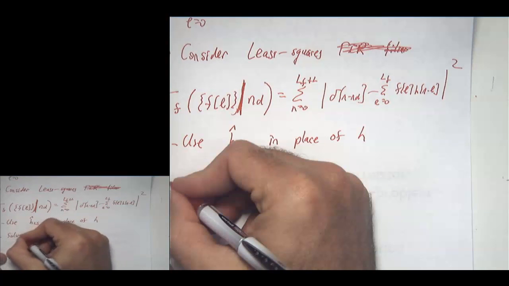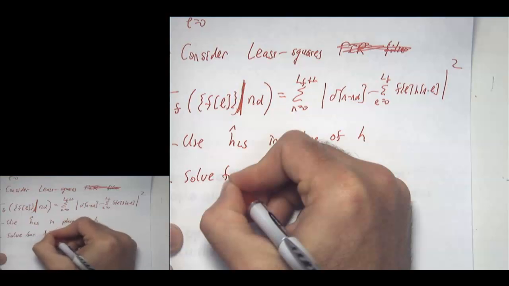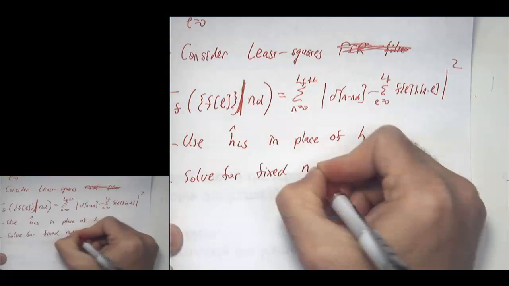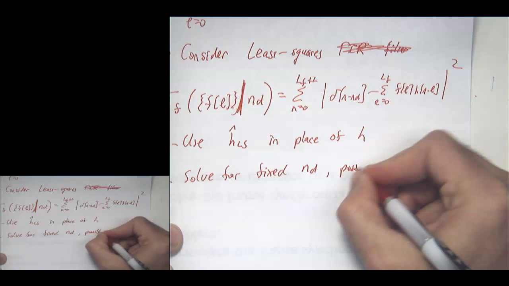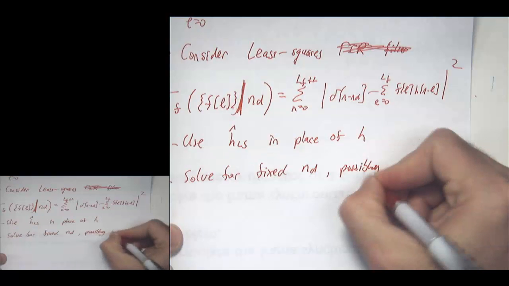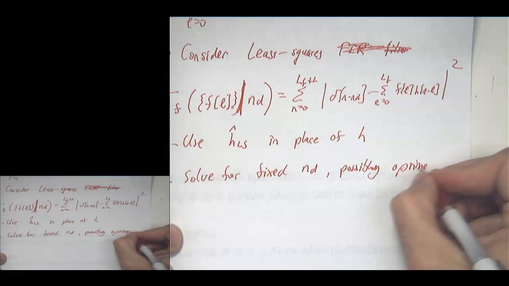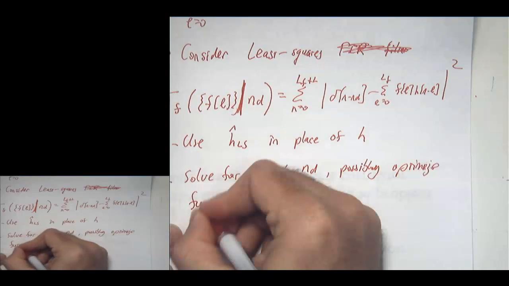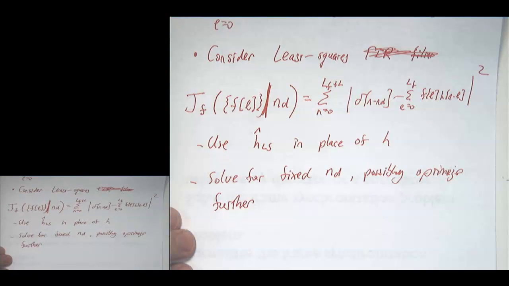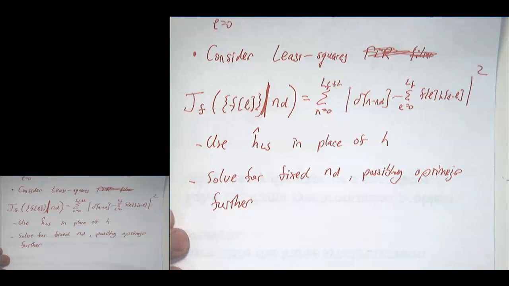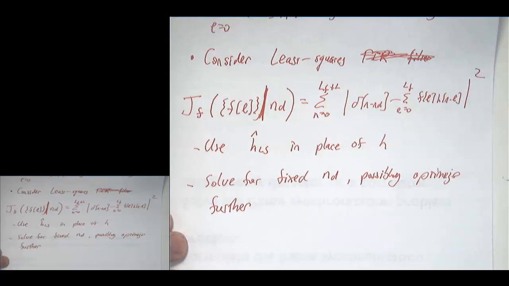And then we're going to solve for fixed nd, possibly optimizing over it.